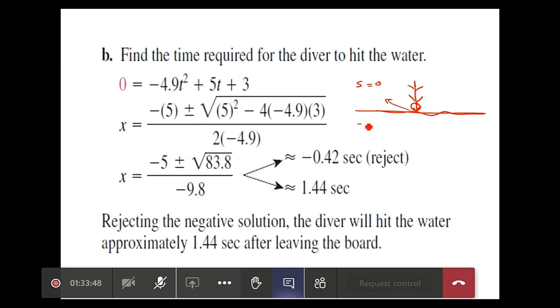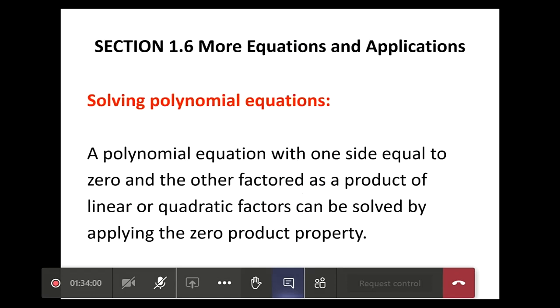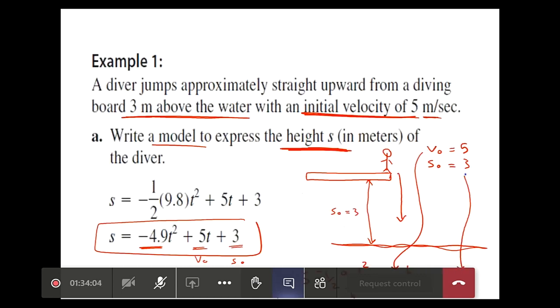So we have minus 4.9 t square plus 5t plus 3. This is the equation. This is the equation of S in the previous slide. This one must equal 0, and we need to find the time.